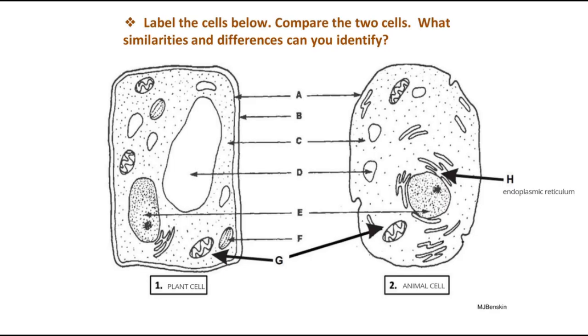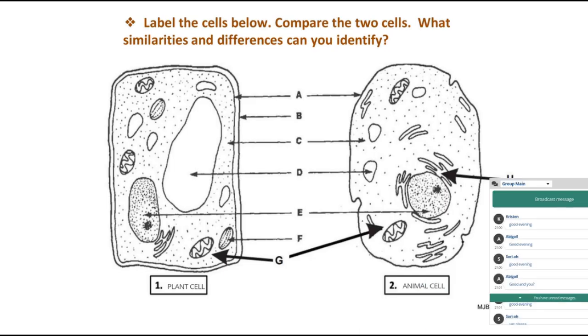So A would be, okay, A is the cell membrane. B, right, the cell wall.